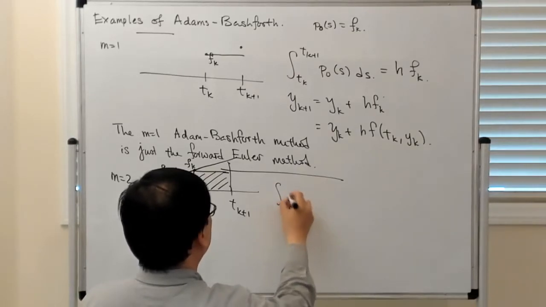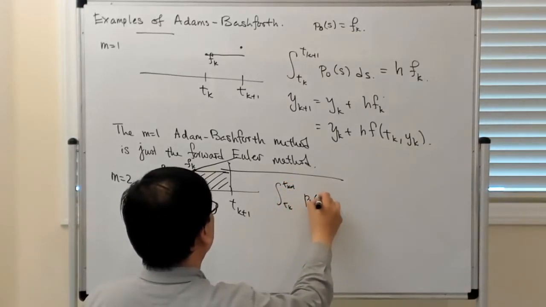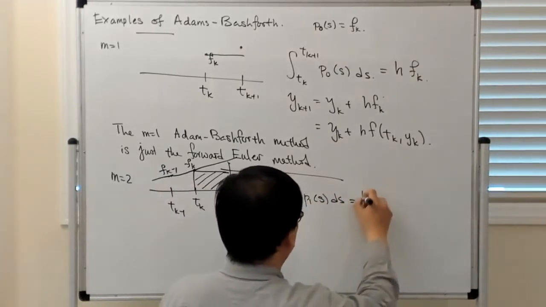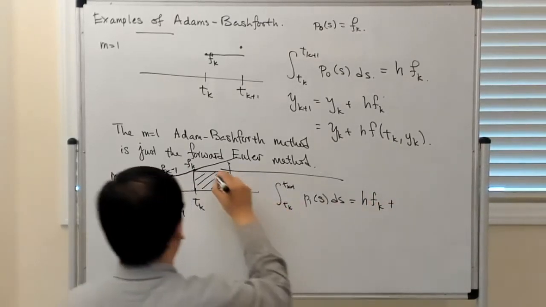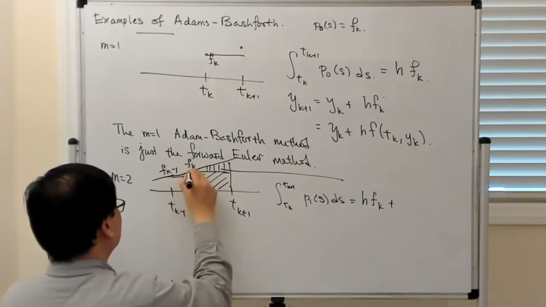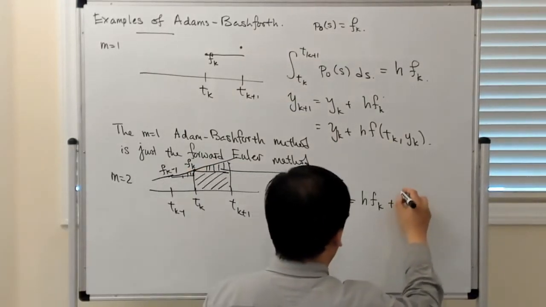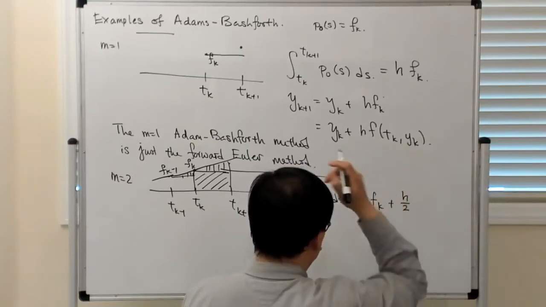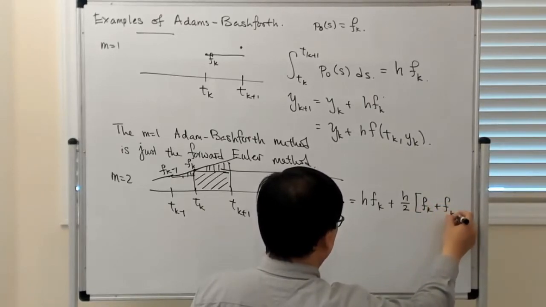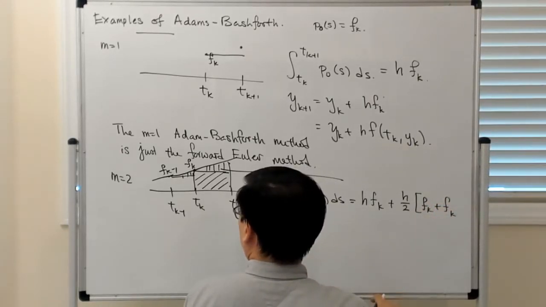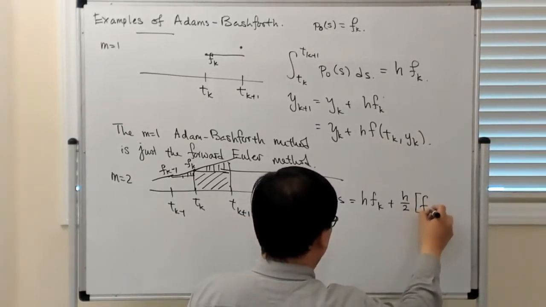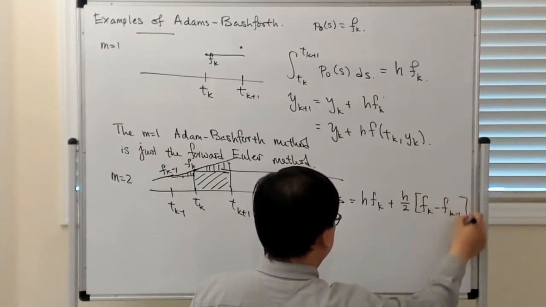The integral from tk to tk plus 1 of p1 of s ds is equal to h times fk, plus the area of this little triangle, which is h over 2 times fk plus fk minus 1.